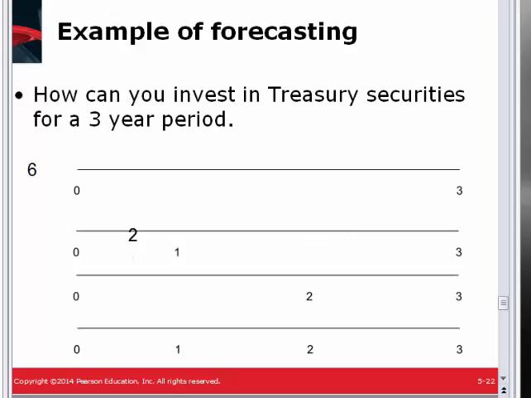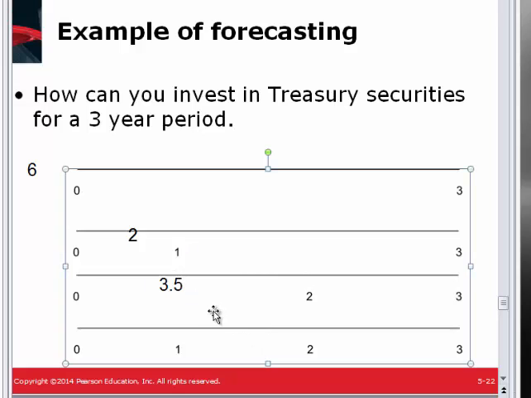Now, what about R02? Just to mix this up a little bit, let's say R02 is 3.5%. What does this one over here have to be? Well, 3.5 plus whatever that is equals 6, so that has to be 1.5%.